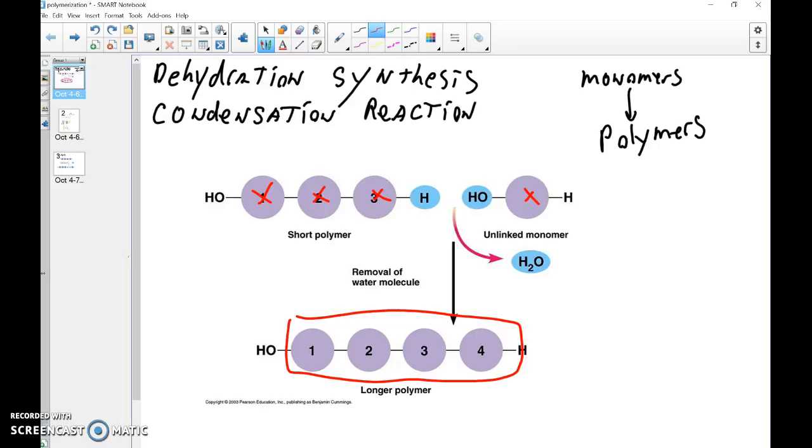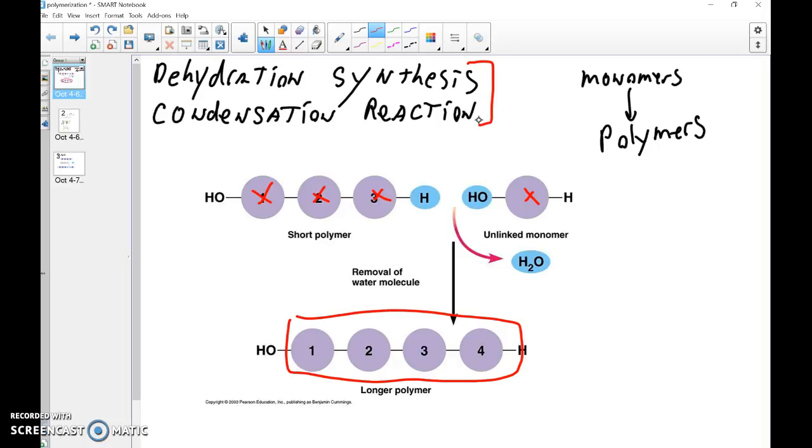Now, what's really fascinating about living systems is that all of the different macromolecules, lipids, carbohydrates, nucleic acids, and amino acids, are all assembled from their monomer pieces into polymers using the same chemical reaction, which goes by two names: dehydration synthesis or the condensation reaction.